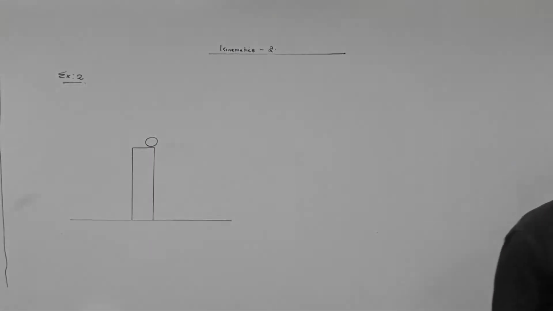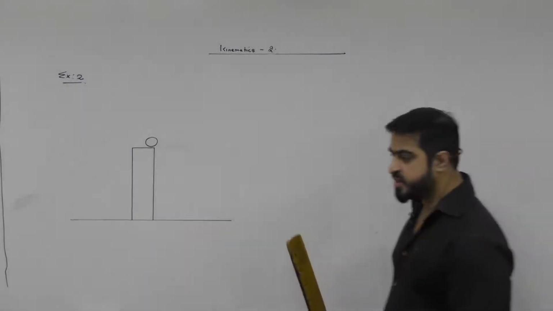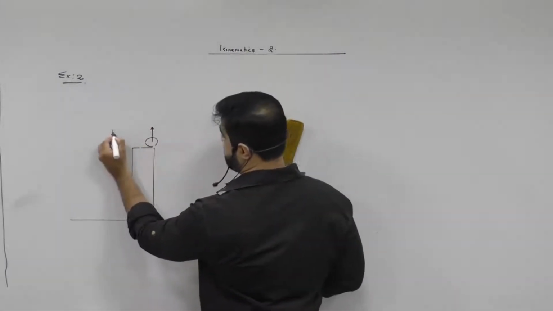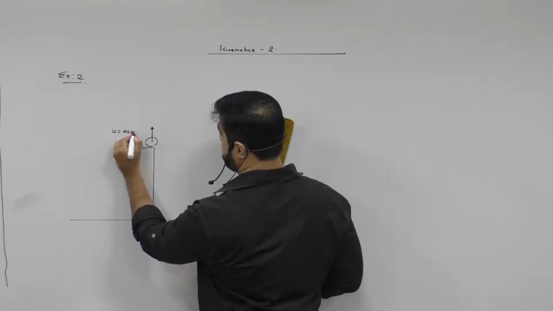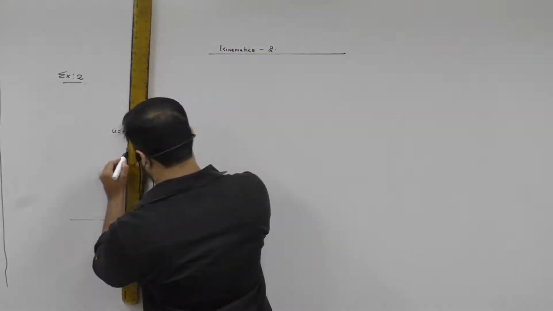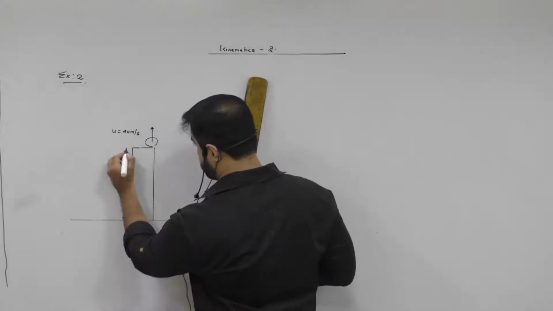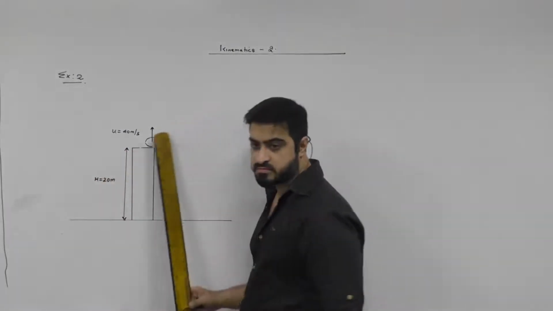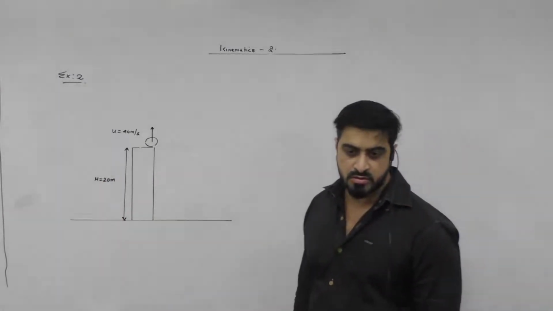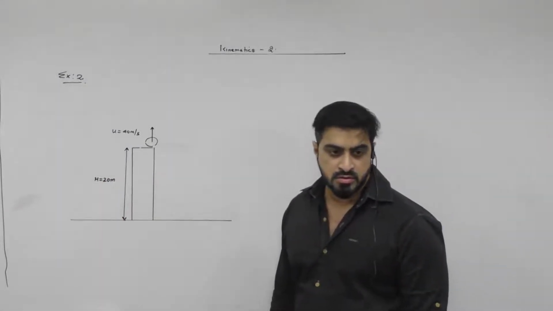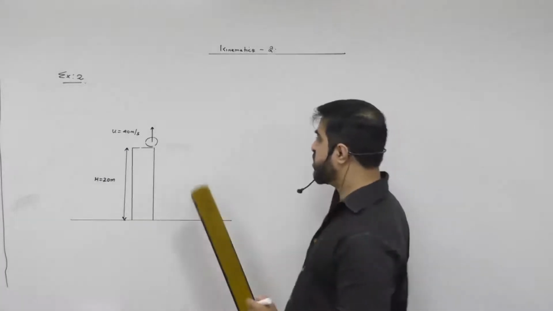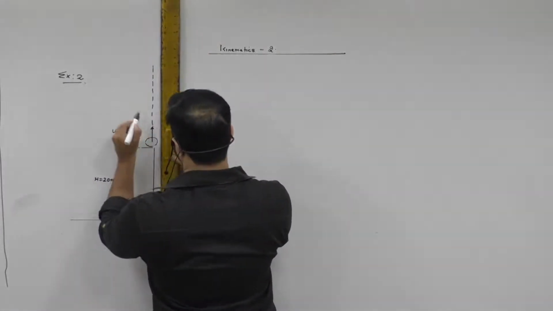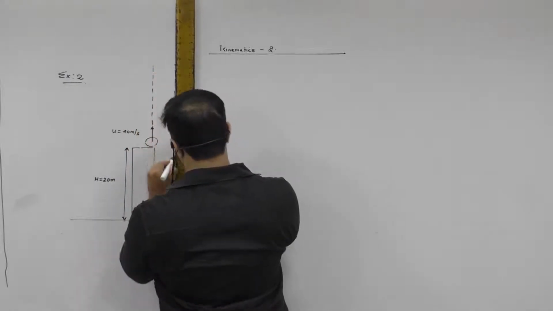The height of the tower is 20 meter and we are throwing it up with a speed of 40 meter per second. The motion followed by this ball will be retarded while going up and accelerated while coming down.